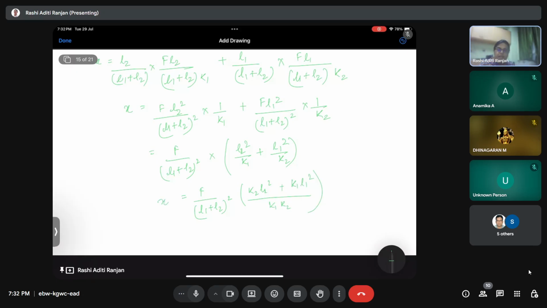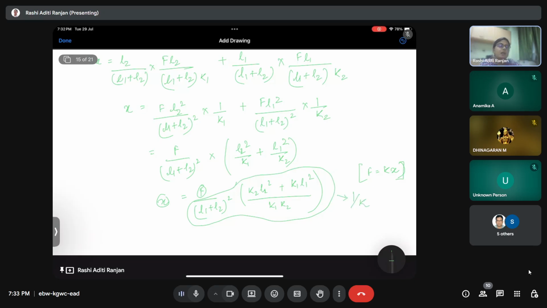And we know that K is nothing but F by X, right? We know that F is equal to Kx, right? So from this relation we have F, we have X. So what remains is nothing but 1 by K, correct?